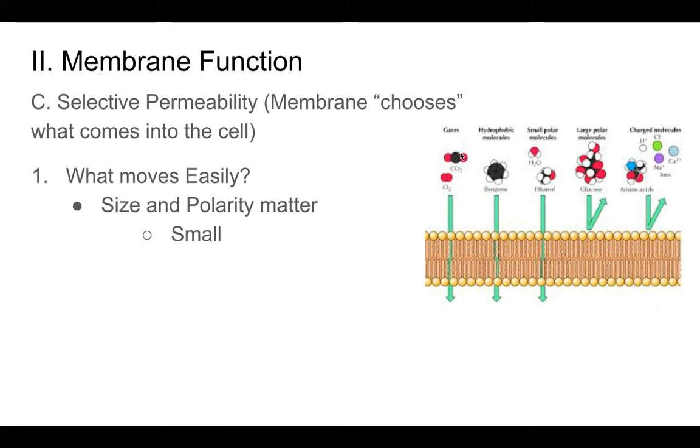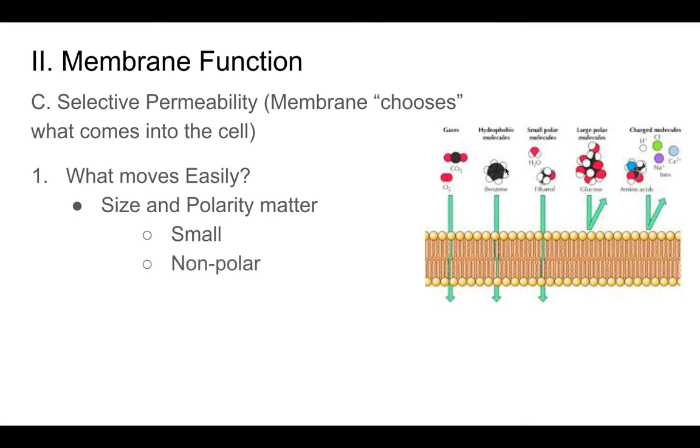They are very, very small molecules, 2 to 3 atoms in their structure. Those are going to be small and cross through the membrane pretty easily. We start talking about other small molecules that are polar. These were nonpolar, but small polar molecules will move through relatively easily. But look, the bigger you get, large molecules do not pass through the membrane easily. And then we'll address the charged molecules in a second.